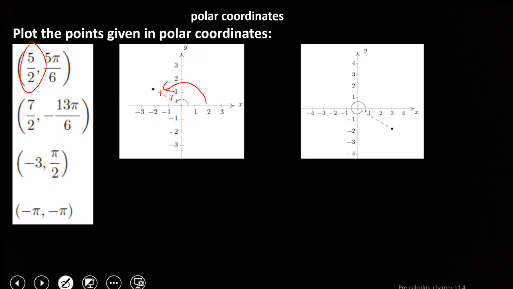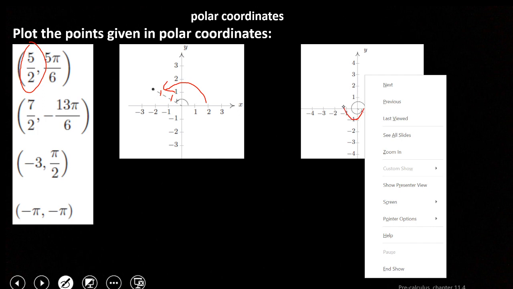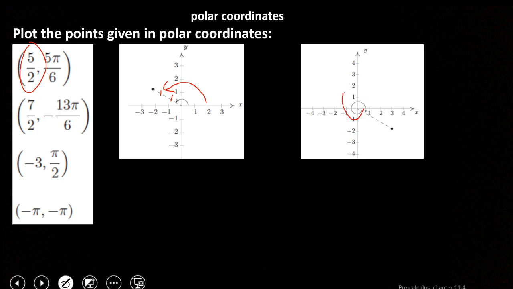Now negative 13 pi over 6 is negative 13 times 30 degrees. It's bigger than 360. So it's going to start from here and go around, right? You go around to get here. That's negative 13 pi over 6, and 7 over 2 is positive. So in the direction of this, you go how many units? 3.5. Let's say 1, 2, 3.5.